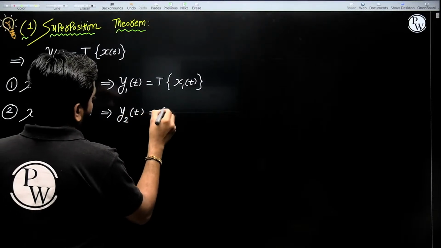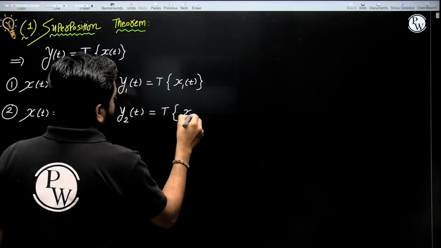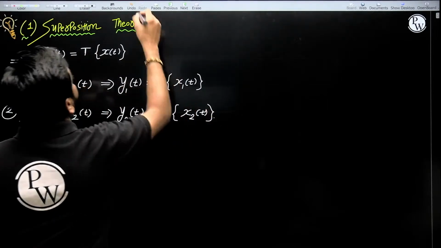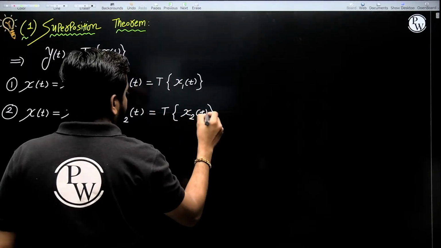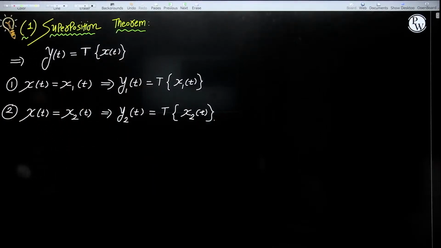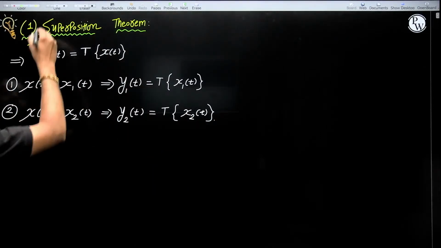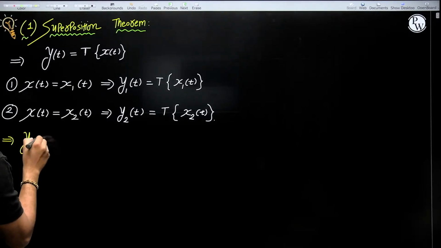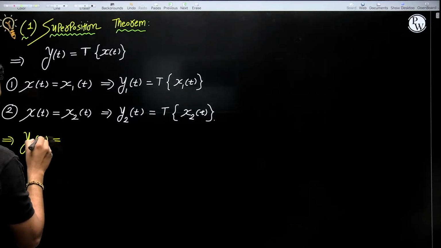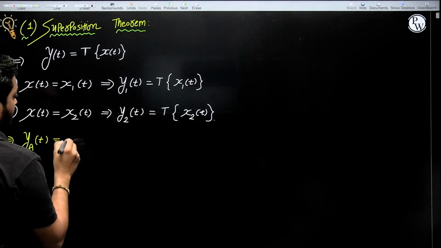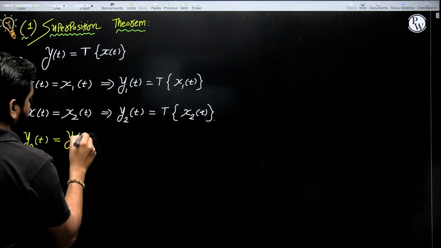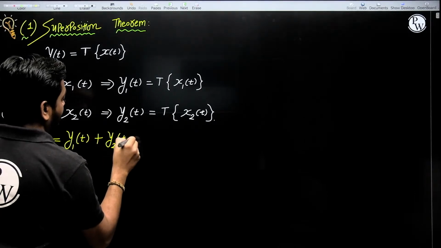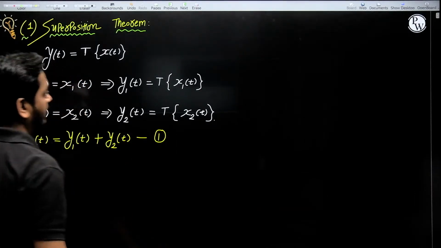These are the individual responses. Now add these individual responses. So y of t is equal to the sum of the individual responses. Just write this as number 1.